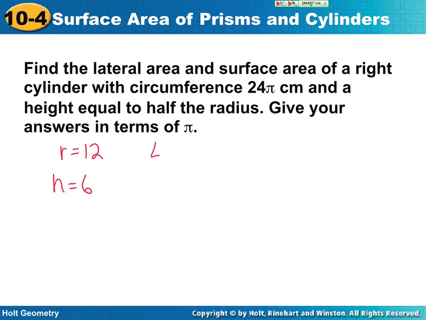Lateral area, 2 pi RH. So 2 times pi times 12 times 6. 144 pi. Okay. Square centimeters.